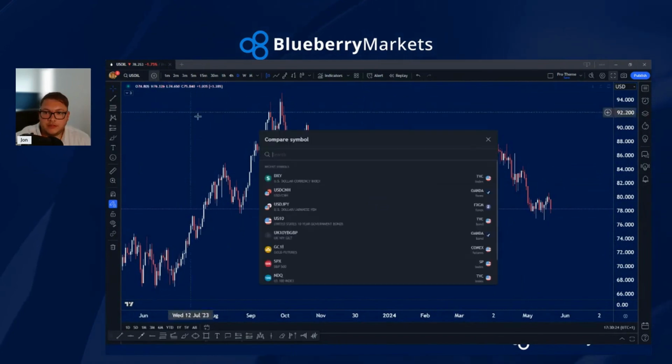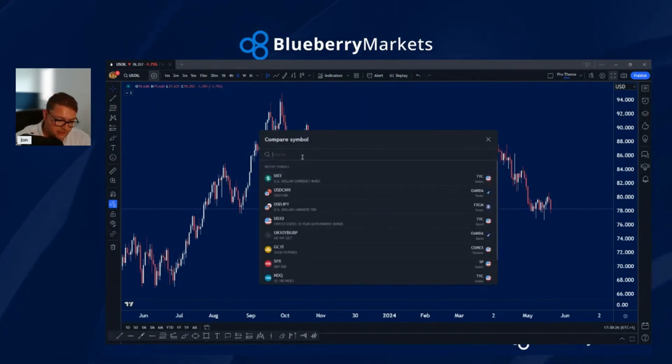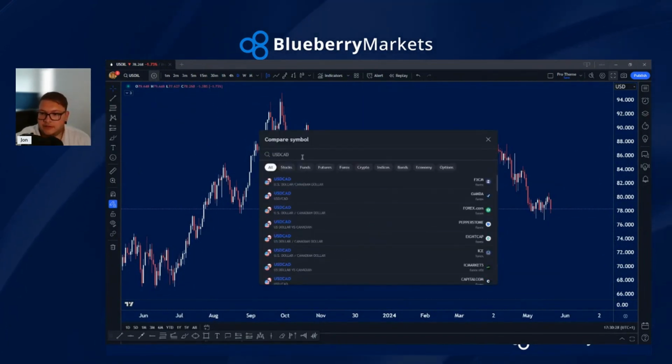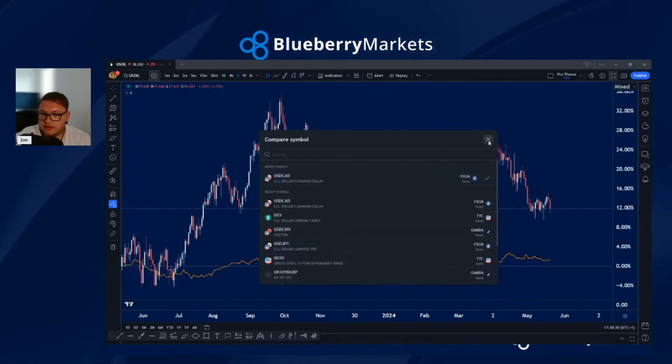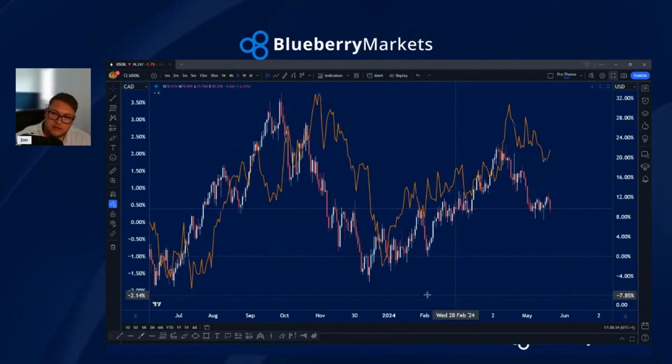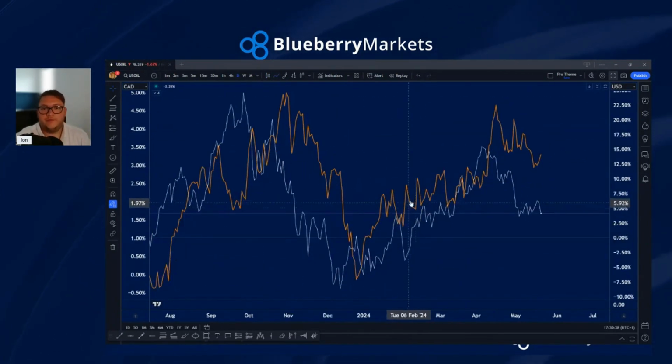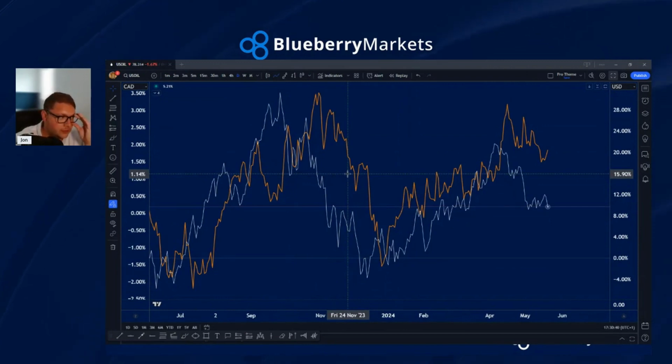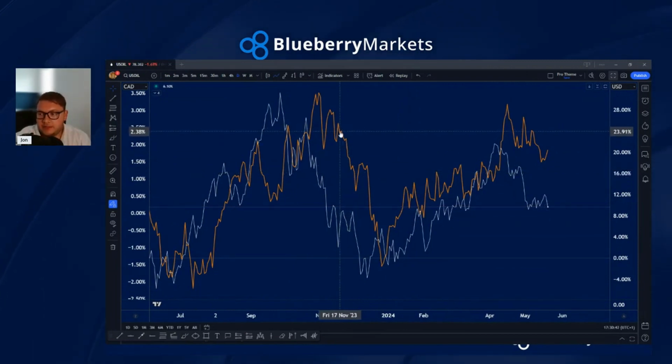I'm going to go to compare, and I'm going to bring on that US dollar CAD price. I'm going to hit that, and then right click, pin that to the left side, and then just drag the white line on. So the white line is oil, the orange line is dollar CAD.